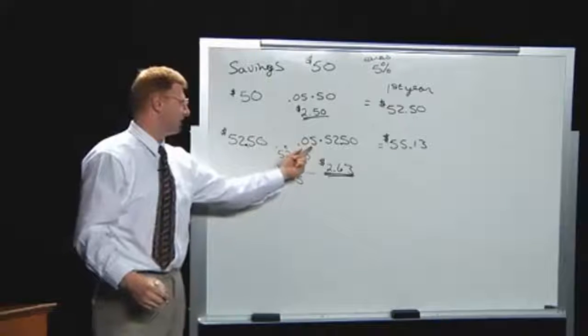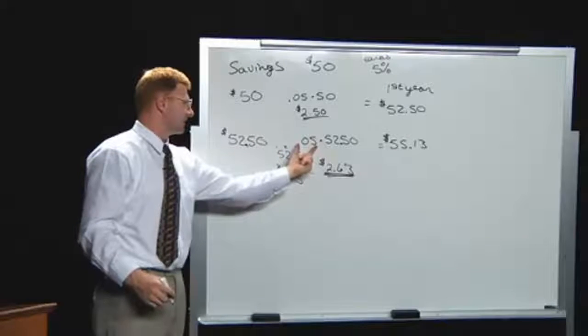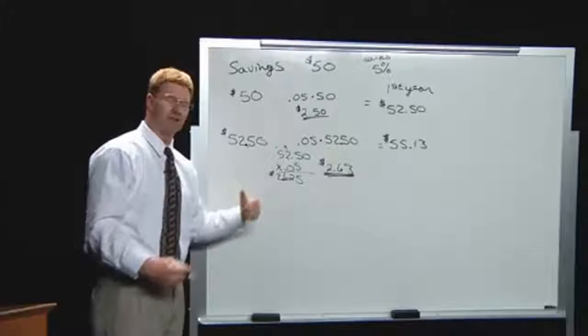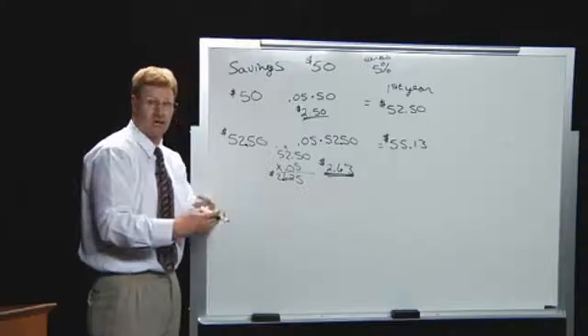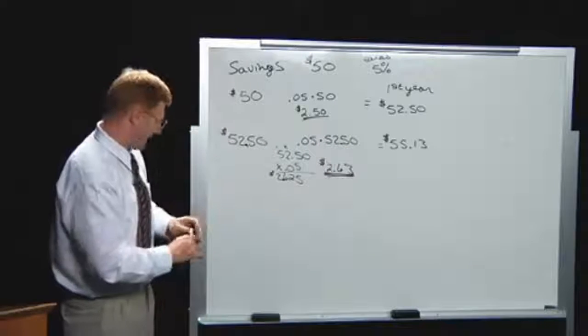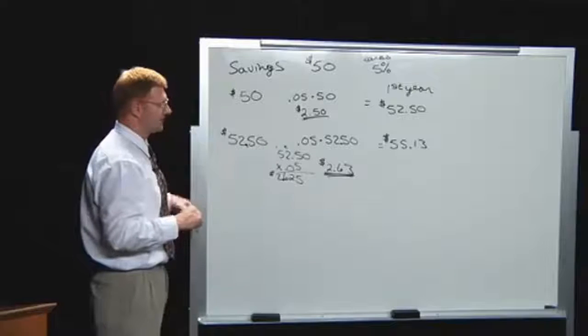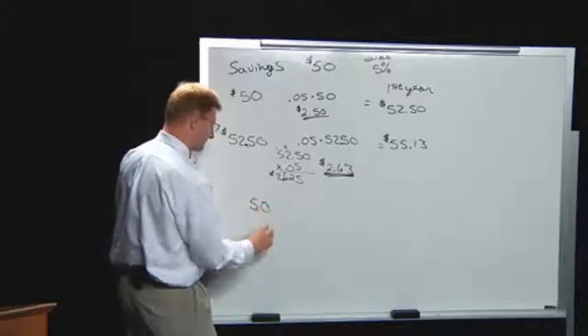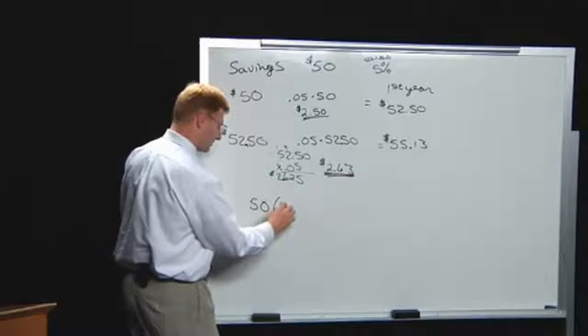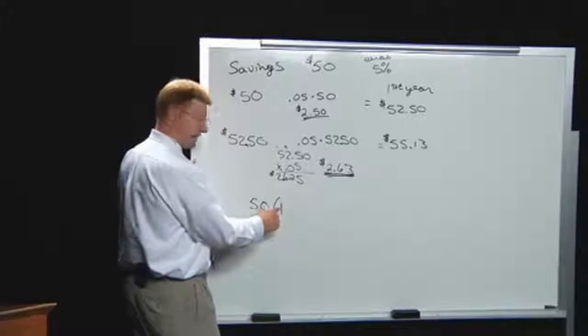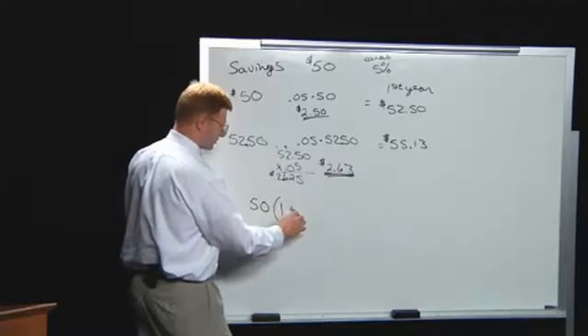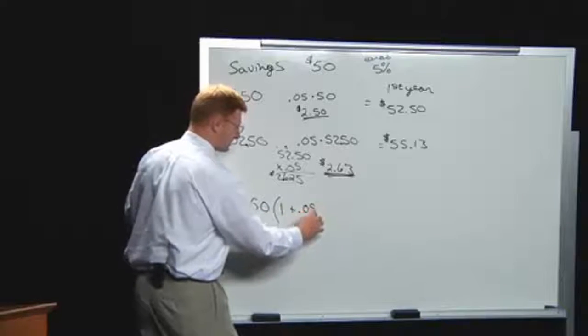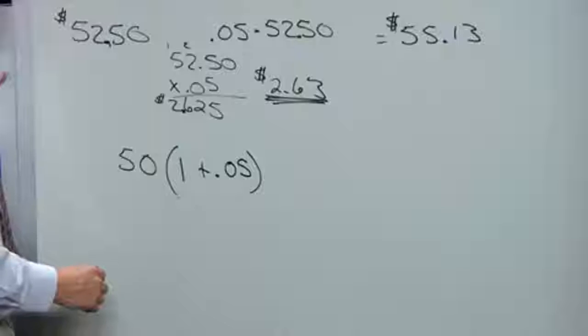And it's going to keep going like this. You're going to take a percent of that amount. This is why savings grows, and it's growing exponentially. And here's kind of a shortcut as to how you'll do this. This will help you with your Excel projects. So you're going to take $50, representing the original amount, and then you're going to add 5% of it every year.